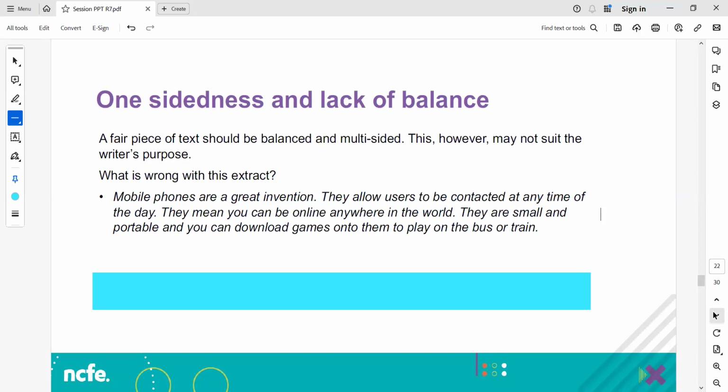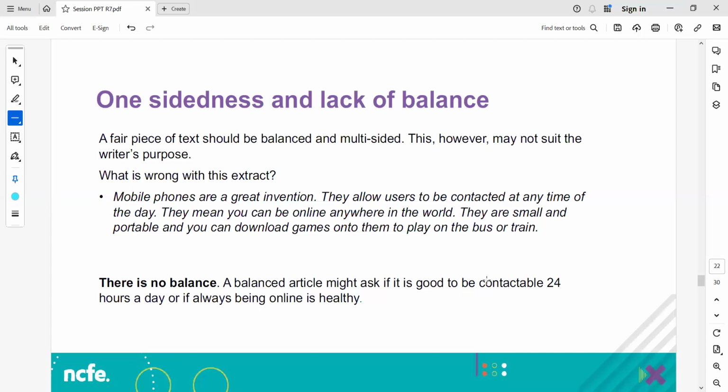And you know, we can agree with all the points it makes, that there are some great features of mobile phones, but for a balanced text, we need to know the other side of that as well. So it might not be good for people's mental health to be contacted 24 hours a day.